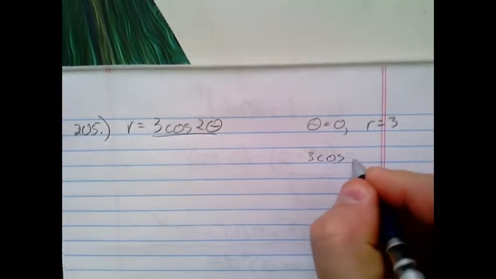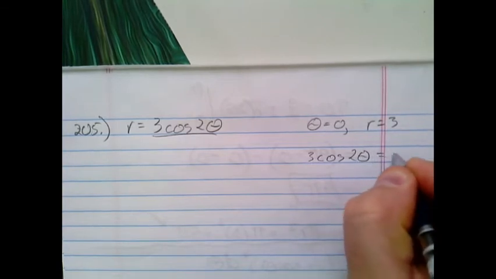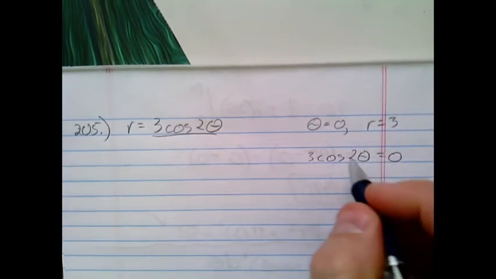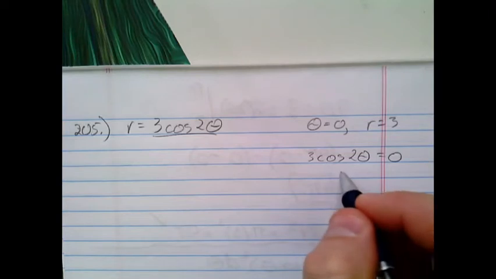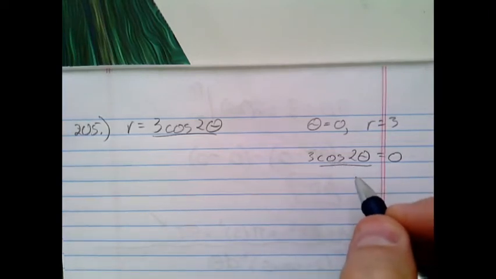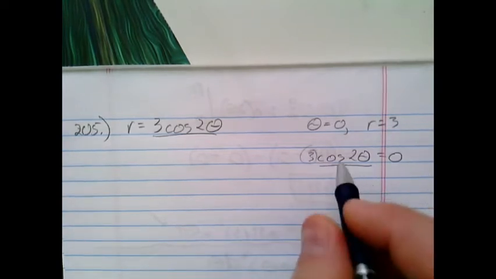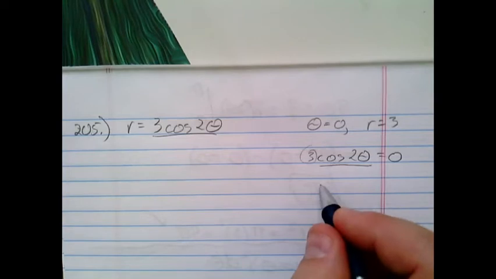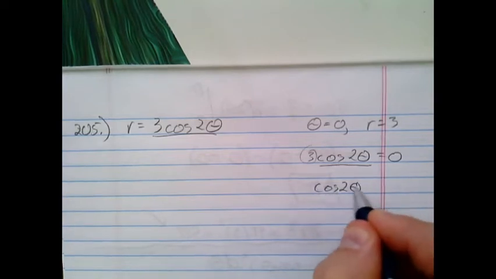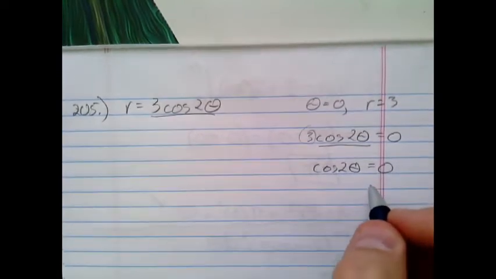Let's see if we can figure out when this thing equals 0. So let's take 3 cosine 2 theta and set that equal to 0. Anytime I'm solving a trig equation, the first thing I want to do is isolate the trig function, so anything else needs to go away. So the first thing I would do is divide by 3, and of course 0 divided by 3 is still 0.